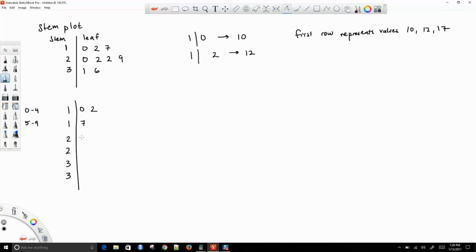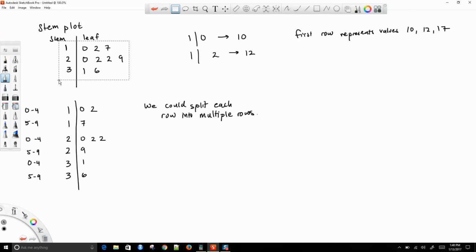We would have 20, 22, 22, 29, 31, 36. So we could split each row into multiple rows.